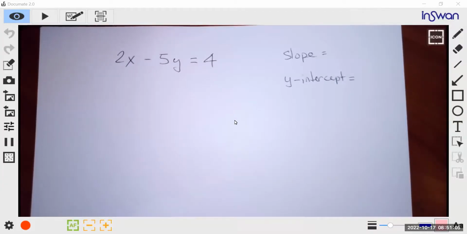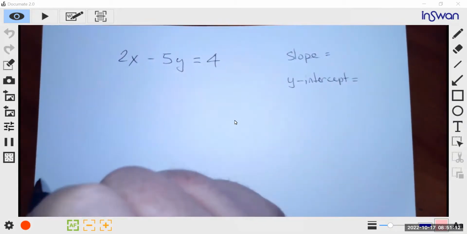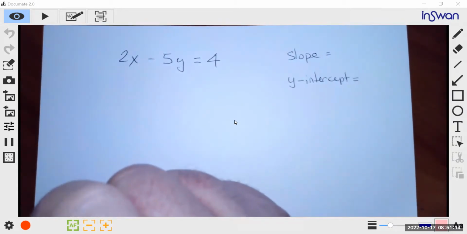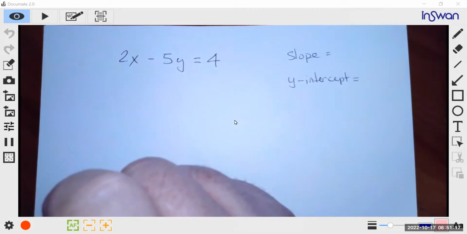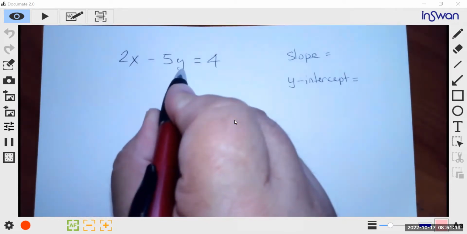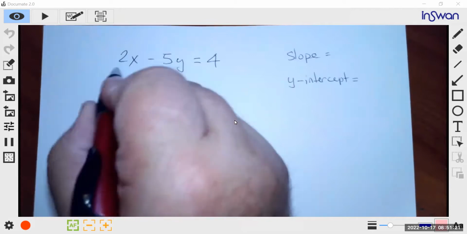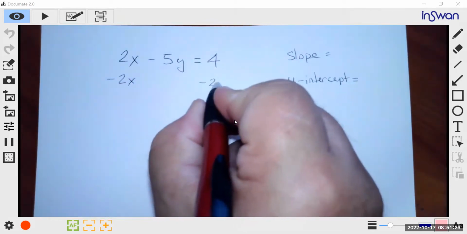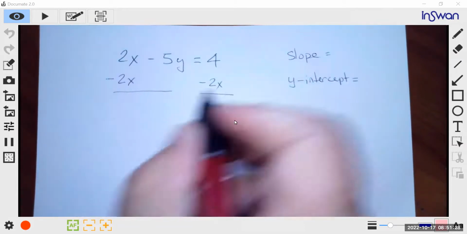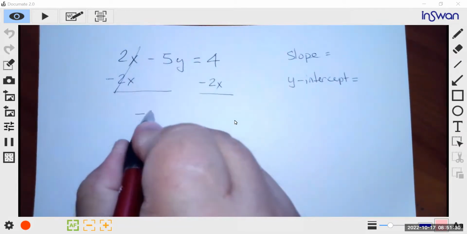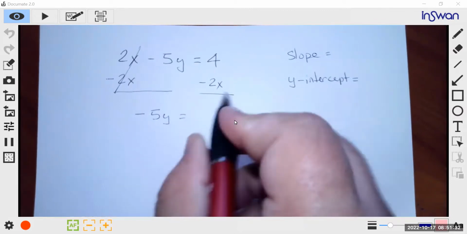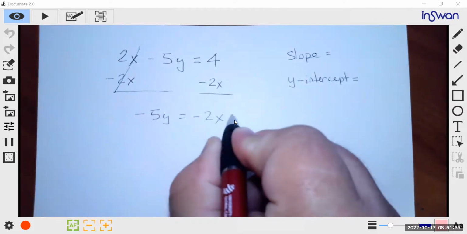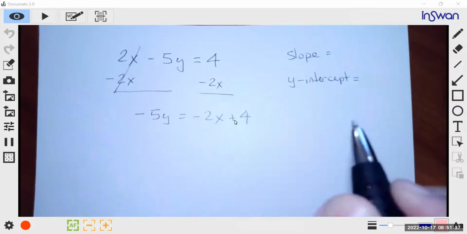All right, to find the slope, what do we have to do first? Solve for y. So what do I have to do first? I have to get y by itself. So what do we get rid of? The 2x. You have to give anything that's plus or minus to the other side. So negative 5y equals negative 2x plus 4.